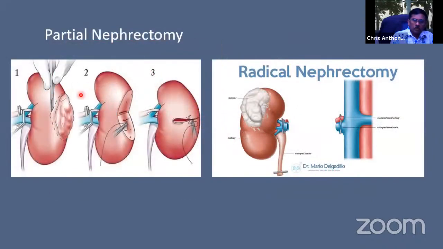Here are the differences between partial nephrectomy and radical nephrectomy. Here, locally excised and the wound is closed with suture. Over here, the whole kidney with the Gerota's covering fascia is removed with the ureter, and then the renal artery and vein are ligated.